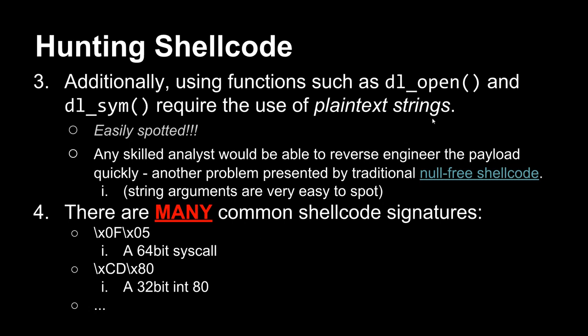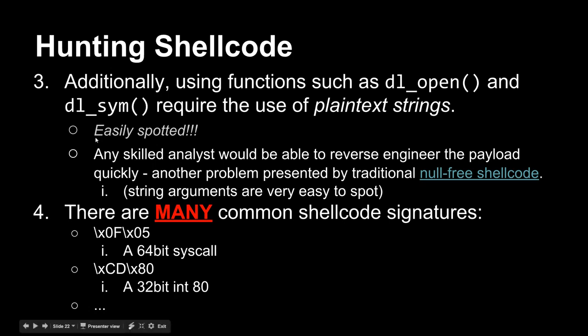Often, using functions such as dlopen and dlsym requires the use of plain text strings, which can be easily spotted by the malware analyst. Often, taking a binary memdump carved out with Volatility or some other tool and running strings on it will dump all the strings.